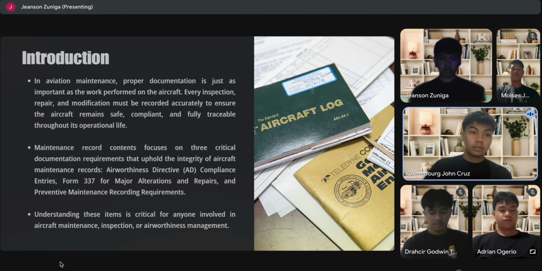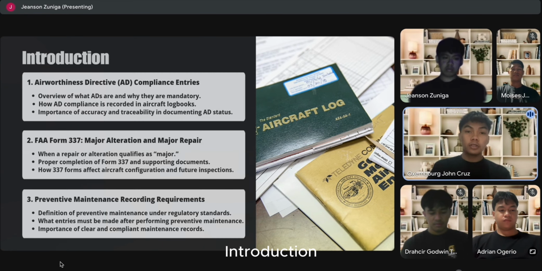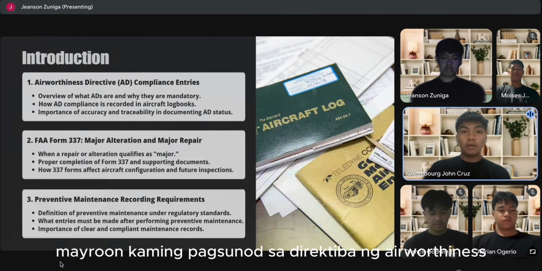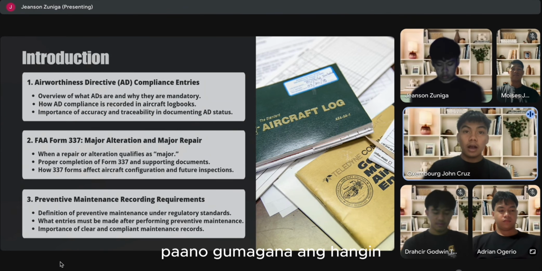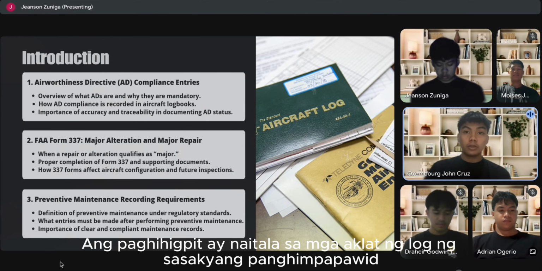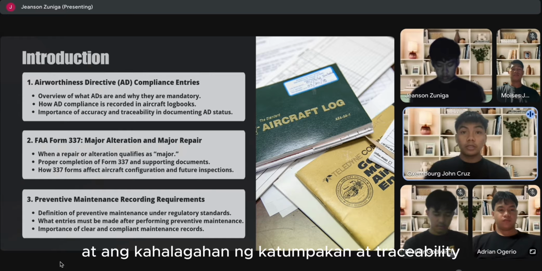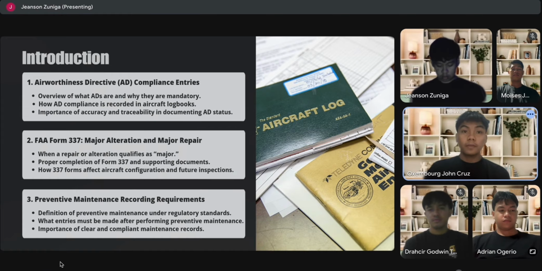Next slide, please. Introduction. We have our airworthiness directive compliance entries: how an airworthiness directive is recorded in aircraft logbooks, and the importance of accuracy and traceability in this document.